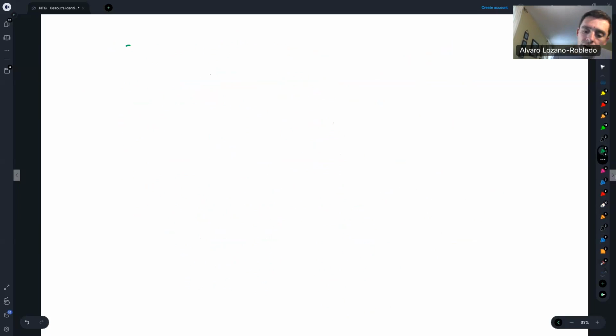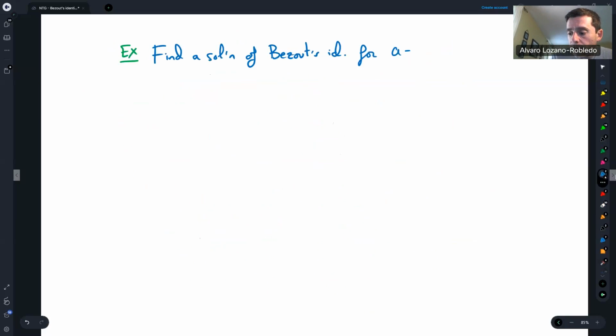So an easier example. Let's find the solution of Bezout's identity for A equals 5 and B equals 7.